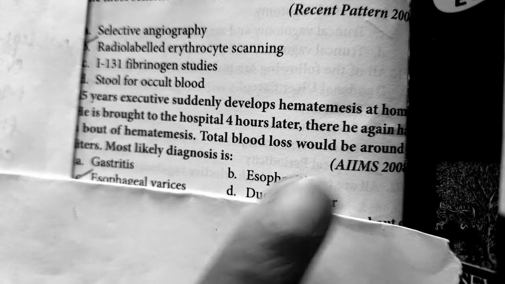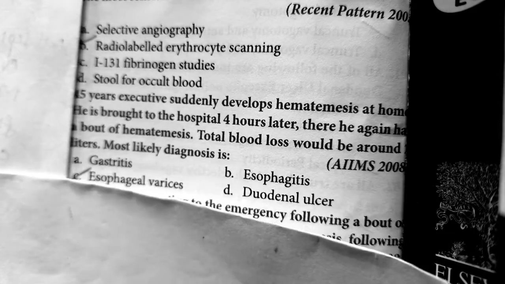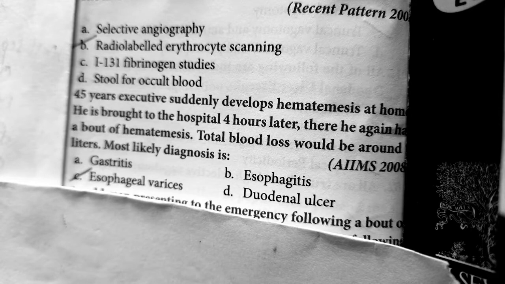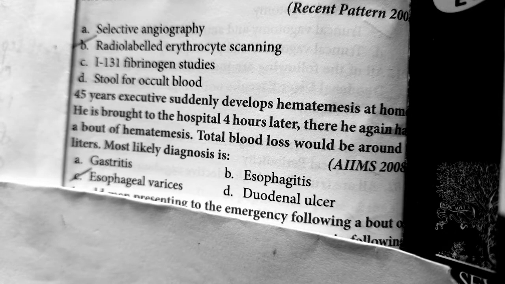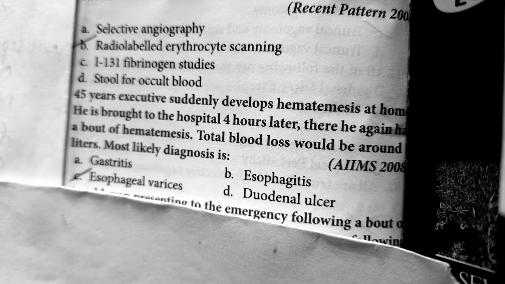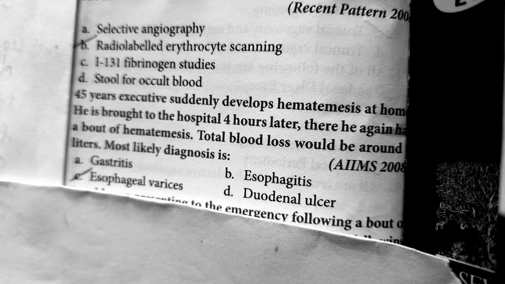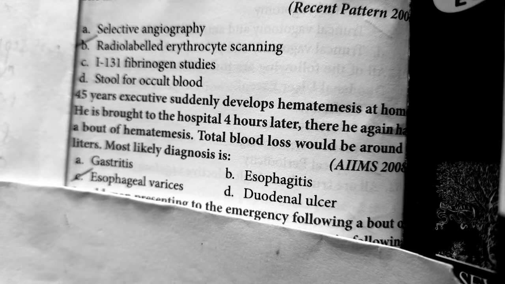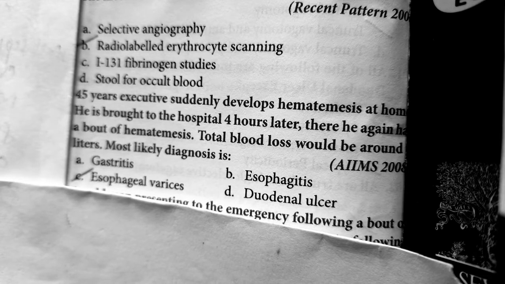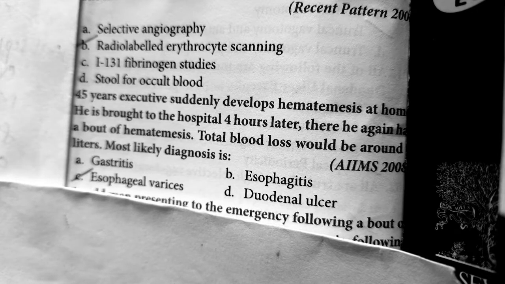So if there is massive hematemesis, then it is characterized by esophageal varices. If it is acute and massive hematemesis, then you should think of esophageal varices.